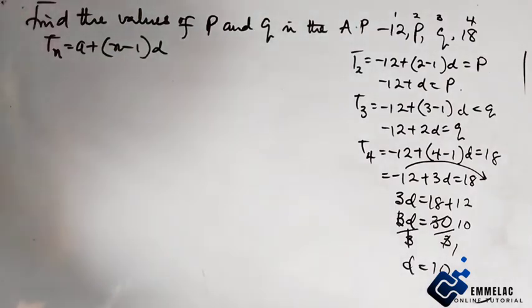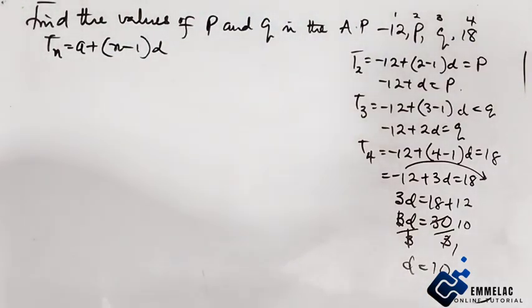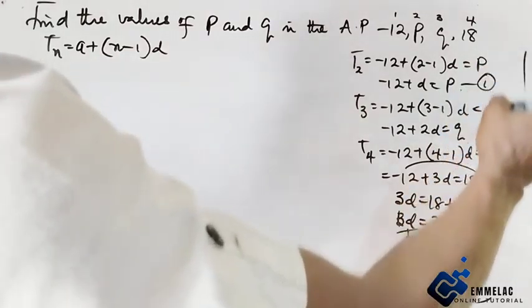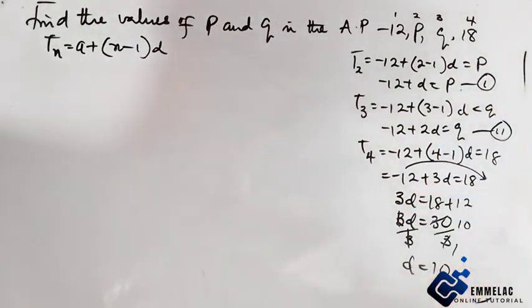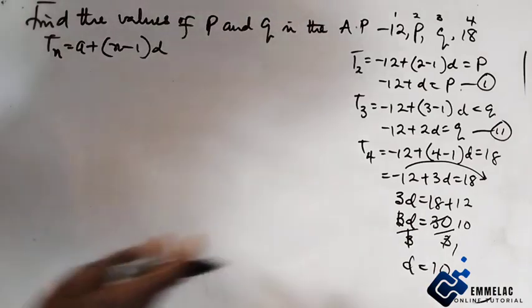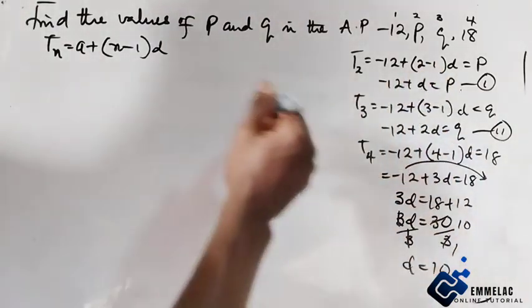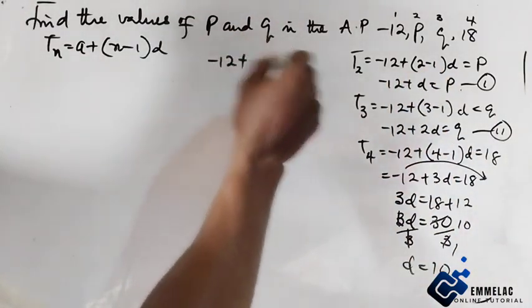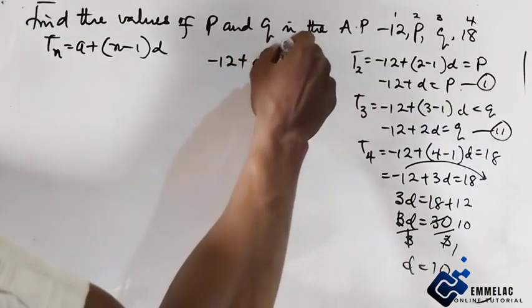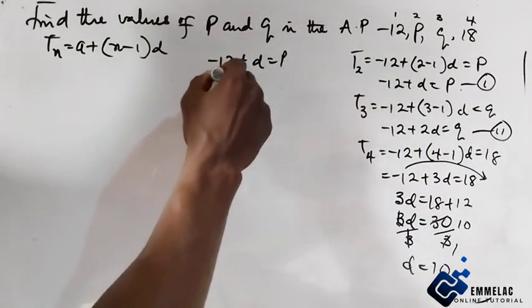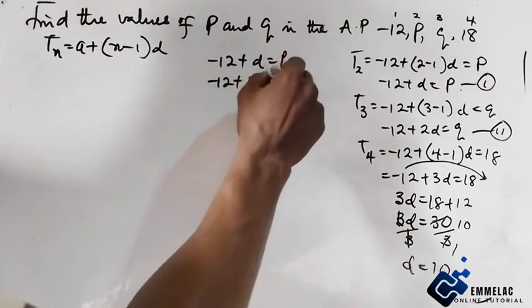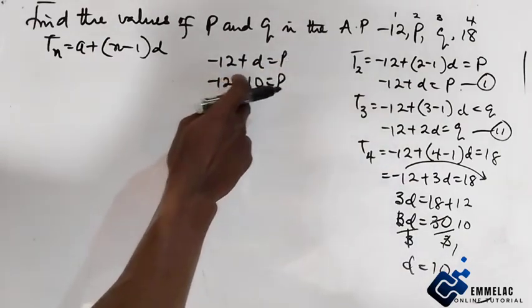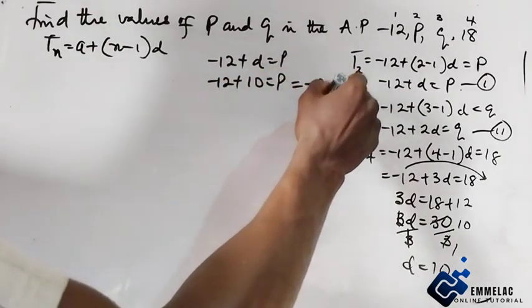Since our D is 10, we can substitute D in either of these equations, equation 1 or equation 2, to get the value of P. If I put the value of D here, minus 12 plus D equals P, so we have minus 12 plus 10 equals P, and minus 12 plus 10 will give us minus 2.